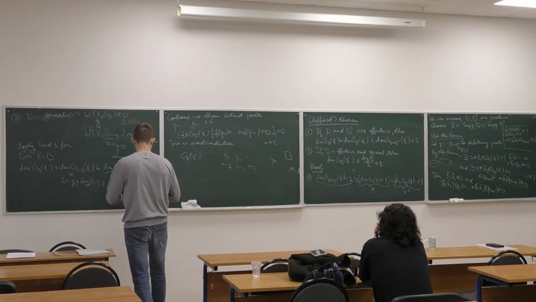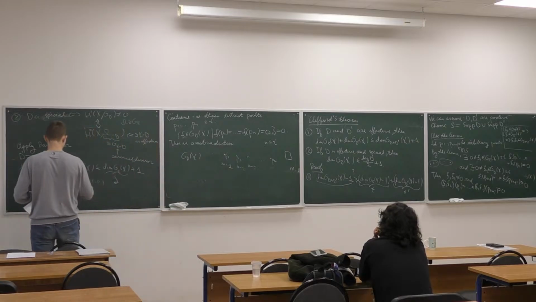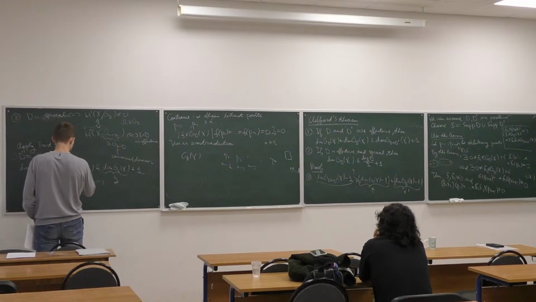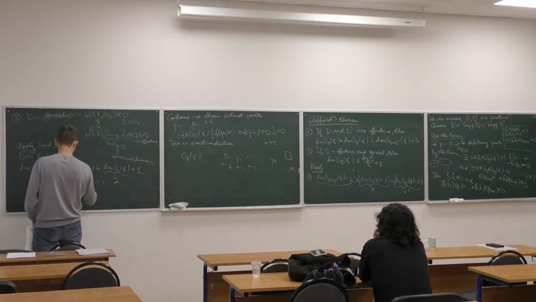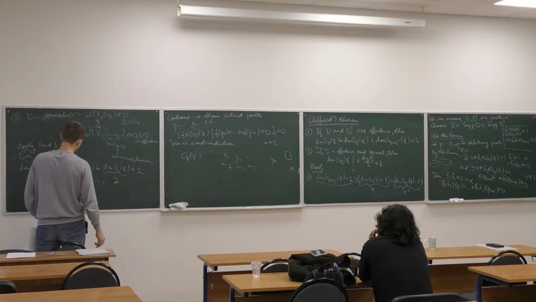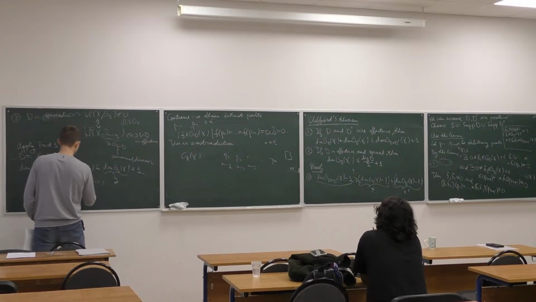Maybe we should do the following. O_{K minus D} is omega minus D of x. Sorry, yes, this is omega minus D of x.